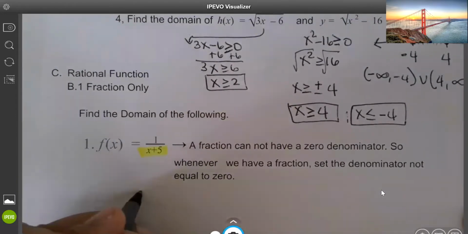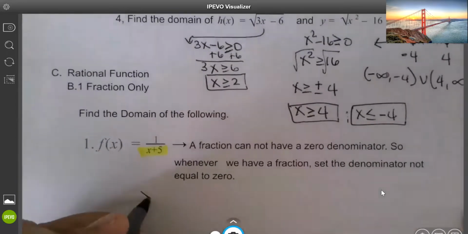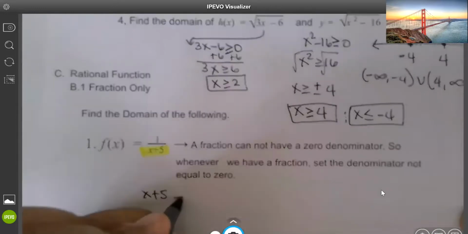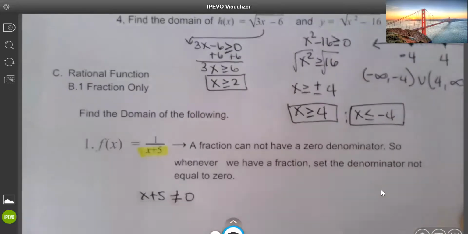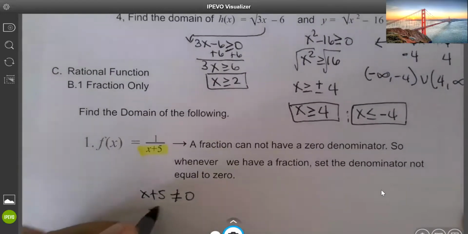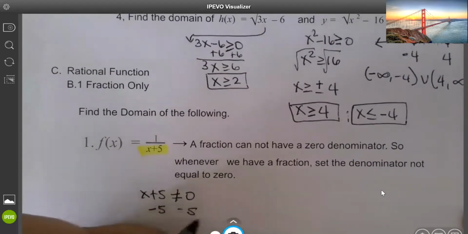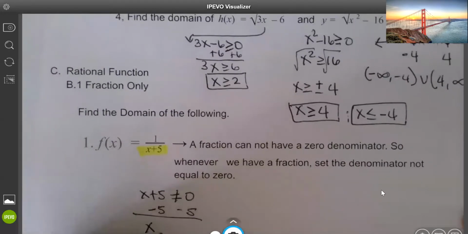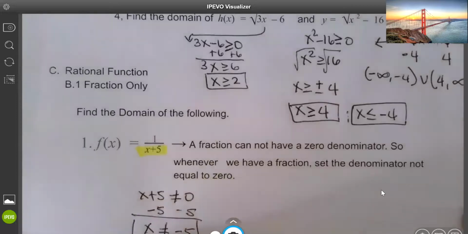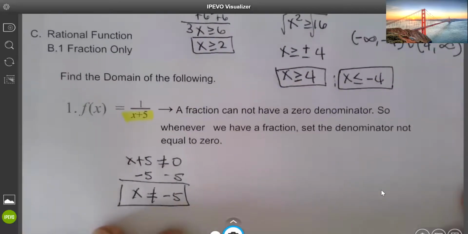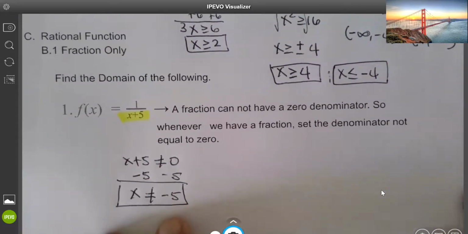So that is x plus 5 cannot be equal to 0. Okay, that's the restriction. And then solve for x: minus 5, minus 5. So x is not equal to negative 5. The domain is all values of x except negative 5.